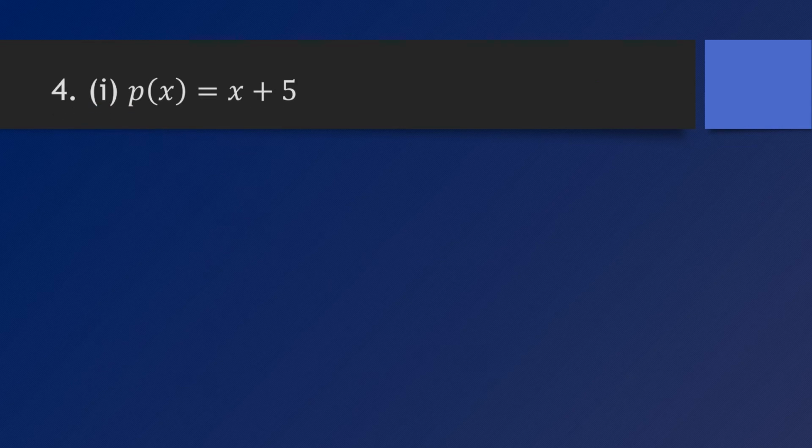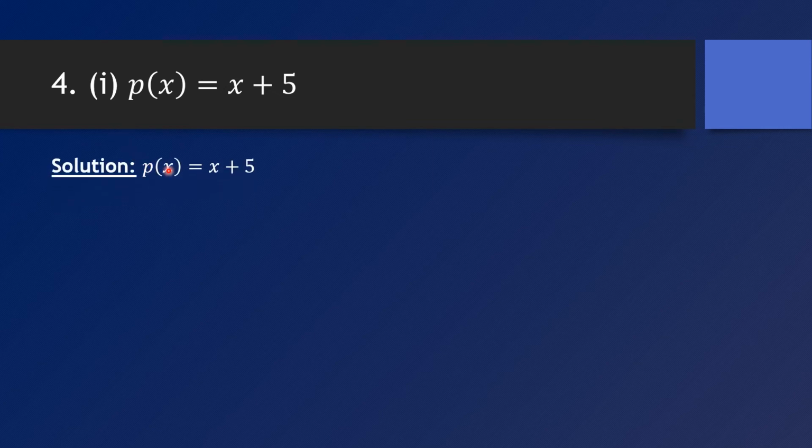Now let's move on to question number 4, part 1. Here, you need to find the 0 of the given polynomial. To find the 0 of this polynomial, we need to put p of x is equal to 0.